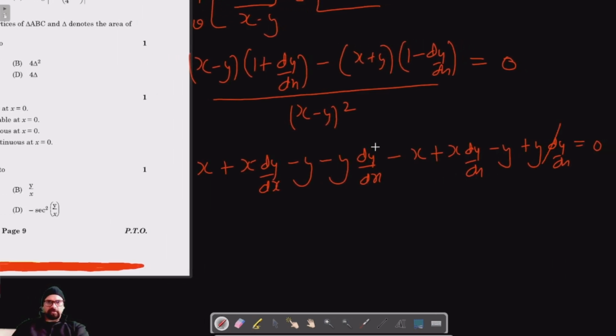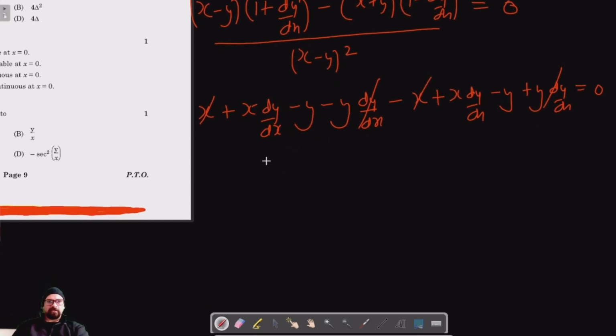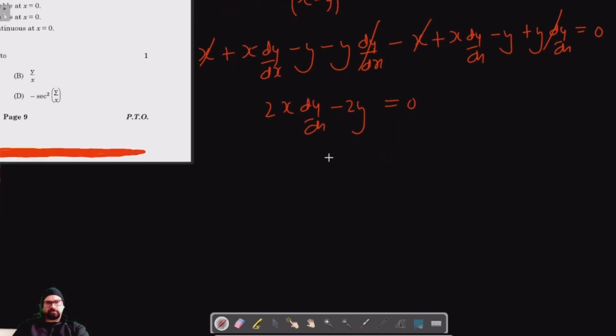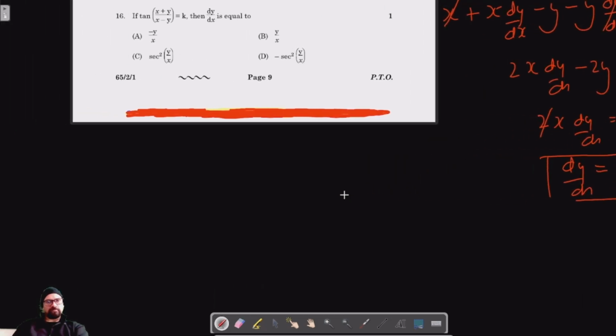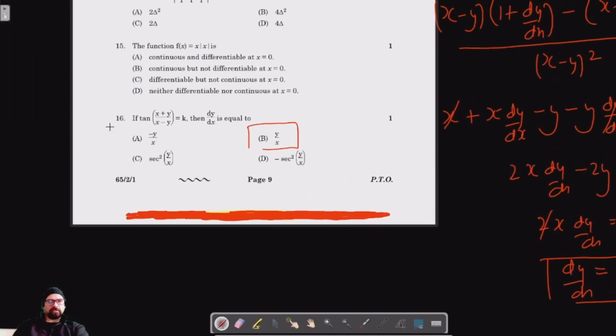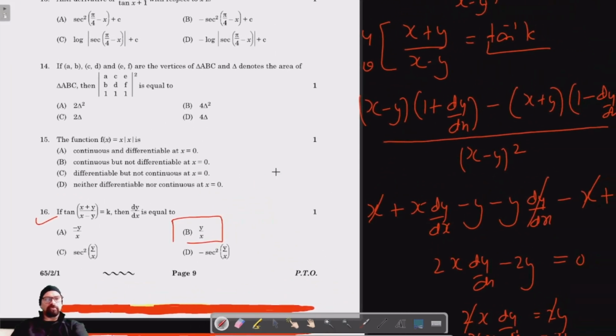Here x gets cancelled. So we have 2x into dy by dx minus 2y is equal to 0. So 2x into dy by dx is equal to 2y, the 2 gets cancelled, and dy by dx is equal to y by x. So our option is option B for question number 16. And let's move on to question number 17.